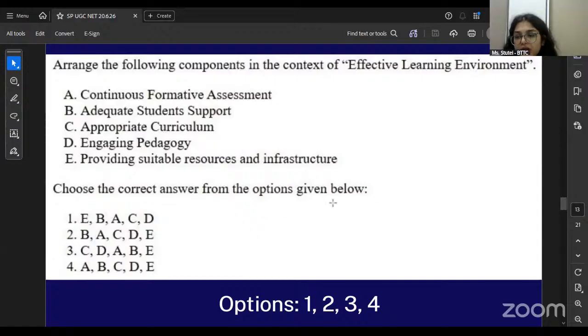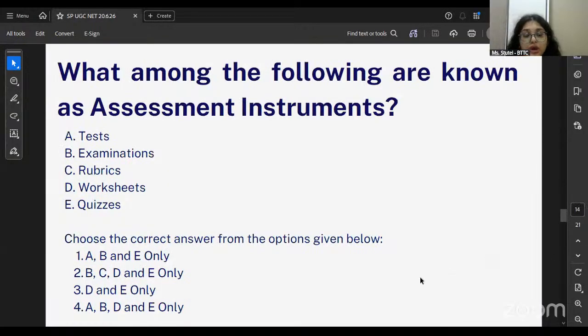Now, moving on to the next question that I had. What among the following are known as assessment instruments? Personally, I don't know if I've written the right answer to this or not, but I found this question very, very tricky when I saw it.